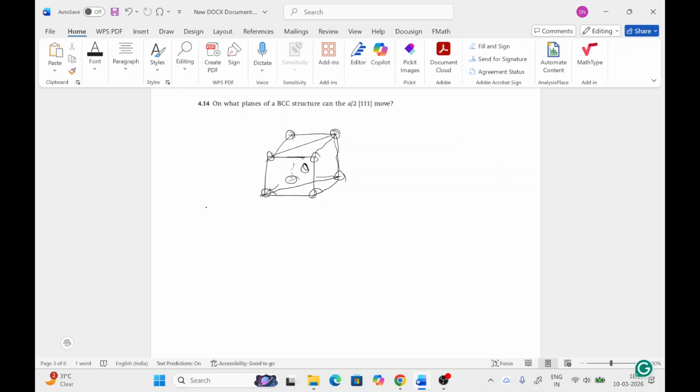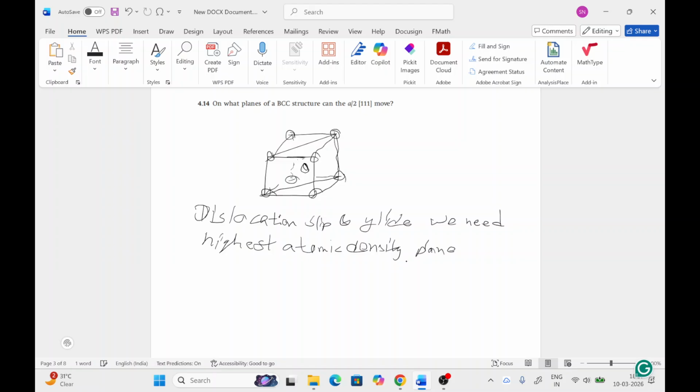So for dislocation slip and glide, we need first the highest atomic density plane and the direction. Both plane and direction should have the highest atomic density.